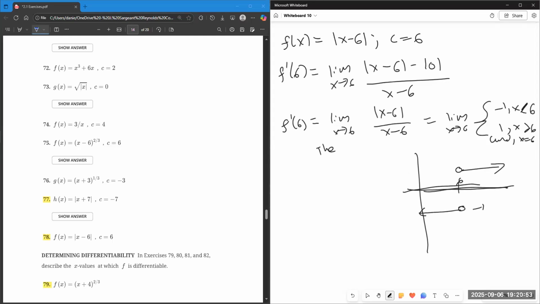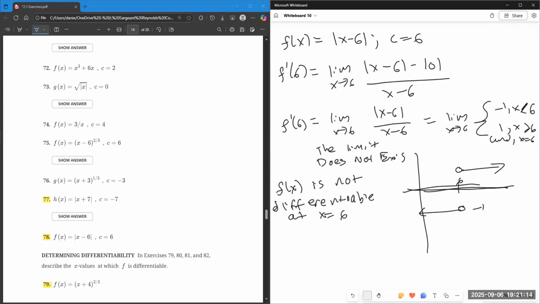The limit does not exist. f of x is not differentiable at x equals 6. Again, this is a node in the graph that makes it not differentiable there. All right, let's look at 79.